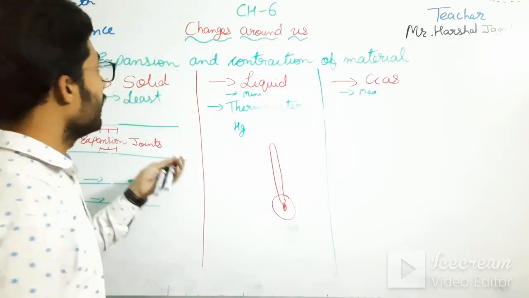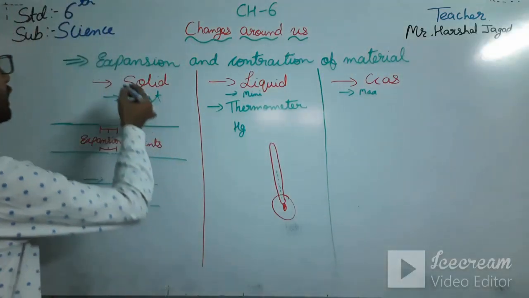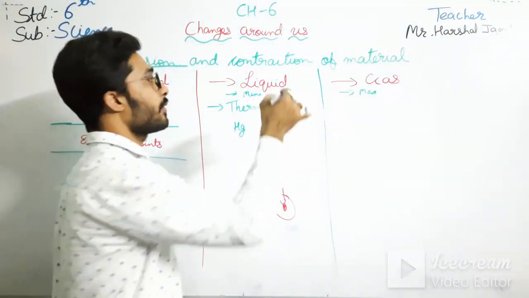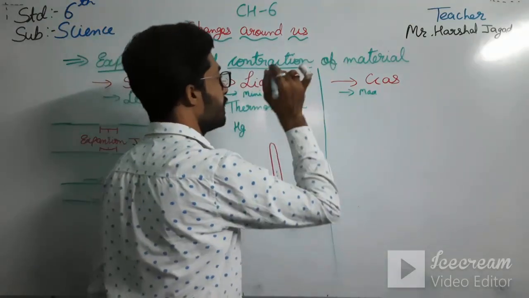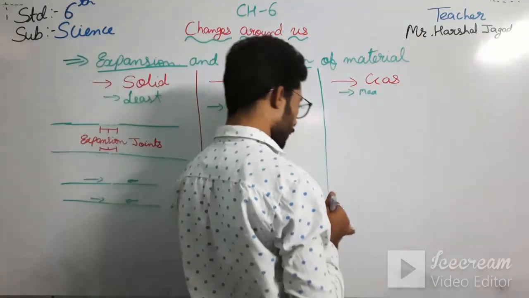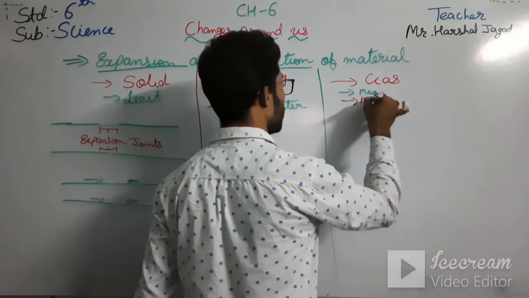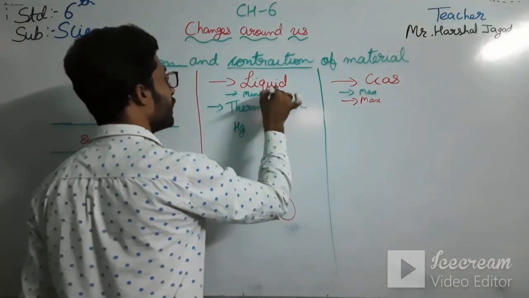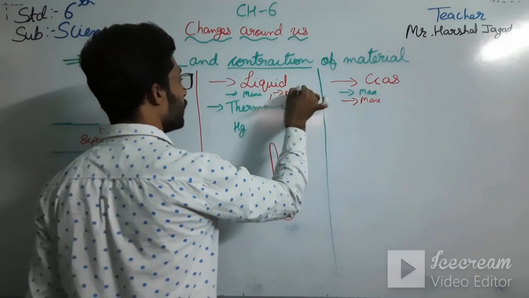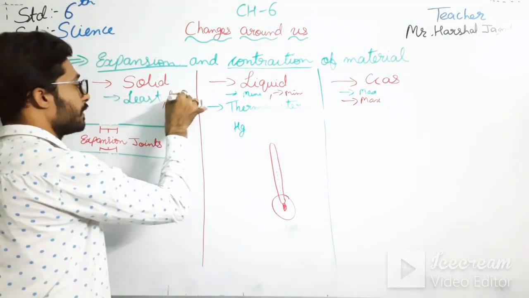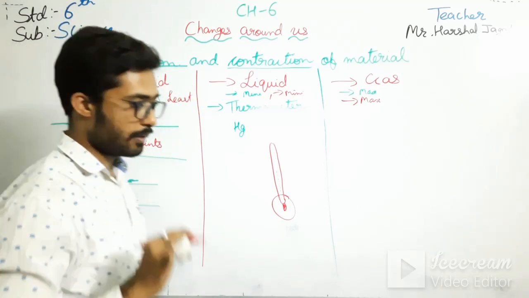We have now studied the expansion, but in the last two lines they have talked about the contraction. So contraction is also maximum in gas, minimum in liquid, and least in the solid.